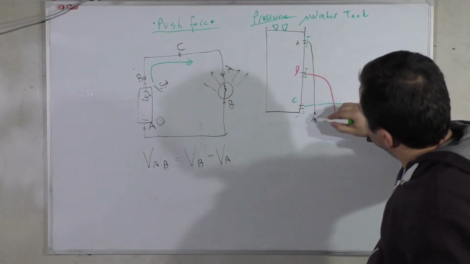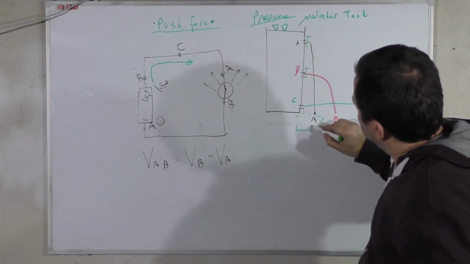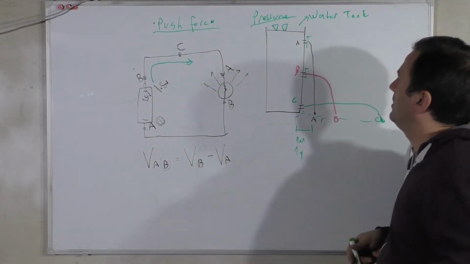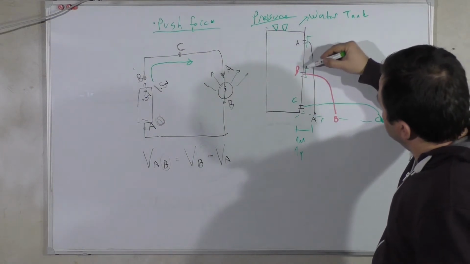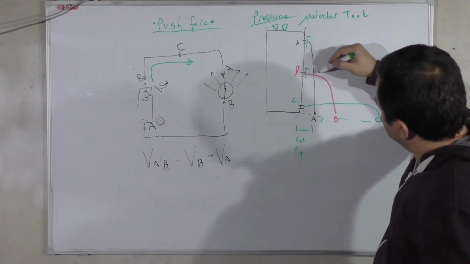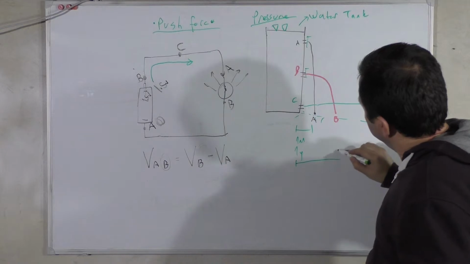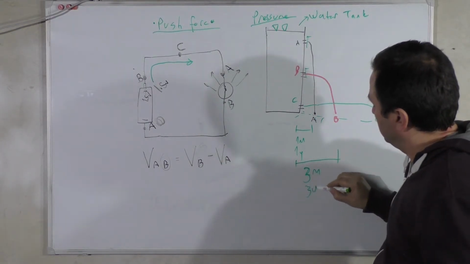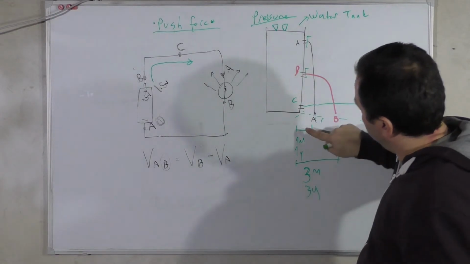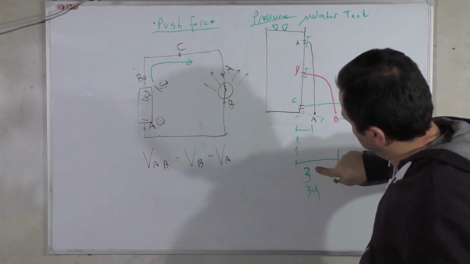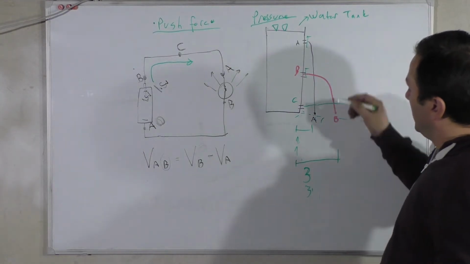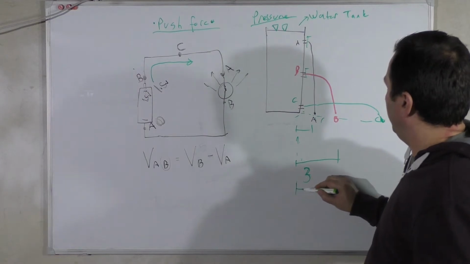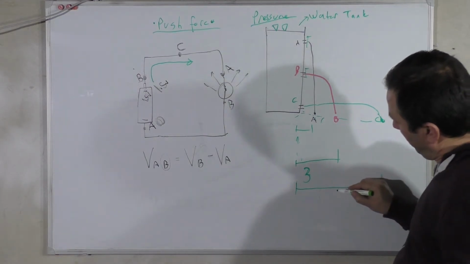Water hits here, let's say 1 meter or 1 yard, depending on which country I live in. From B, it goes to, let's say, 3 meters or 3 yards, or now without any unit, lengths 1 and 3. And C is farther, it's coming to 5.